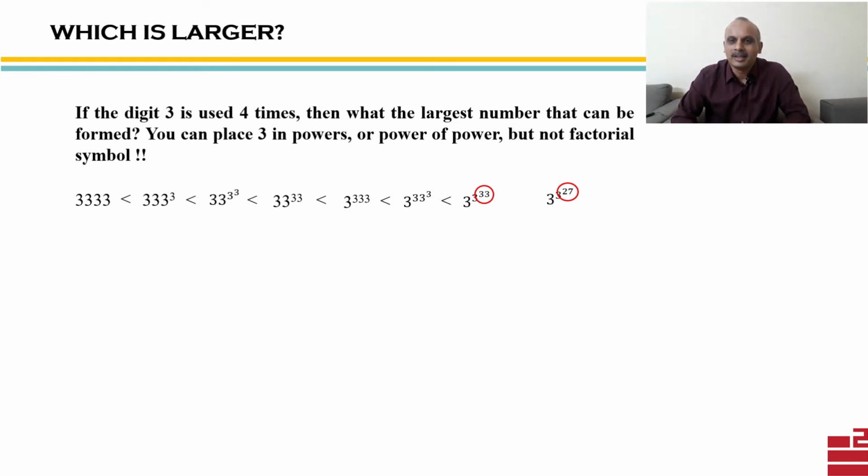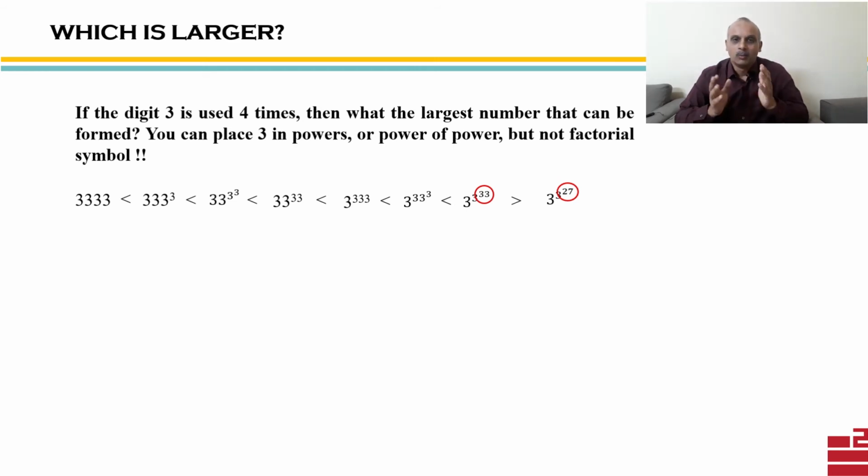And obviously 3 to the power 3 to the power 33 is larger than the other number, and so 3 to the power 3 to the power 27 is less than 3 to the power 3 to the power 33, and also 3 to the power 33 cube is less than 3 to the power 3 to the power 33.